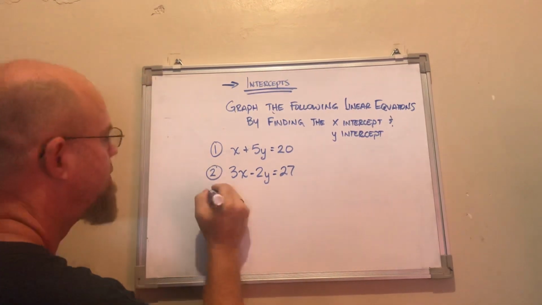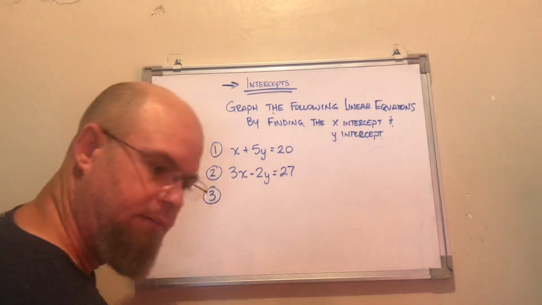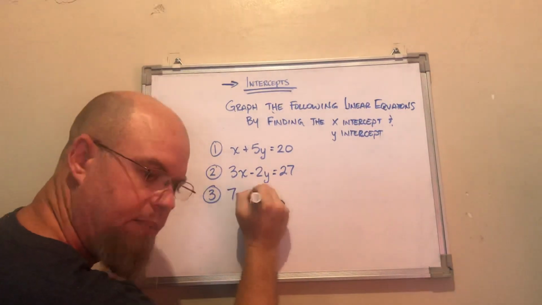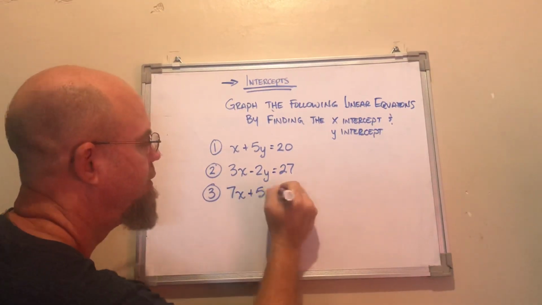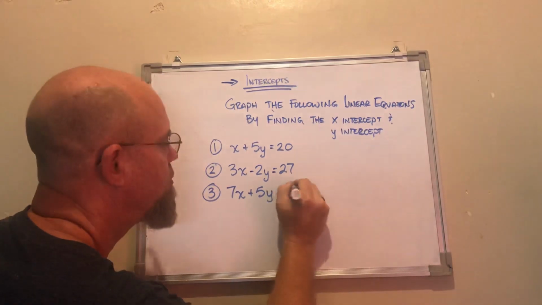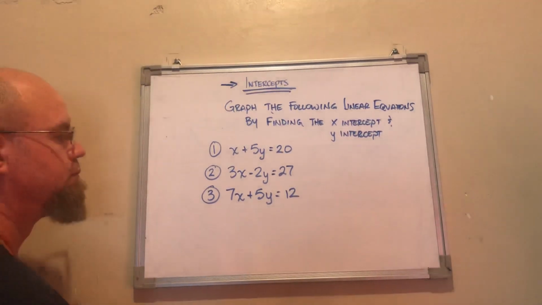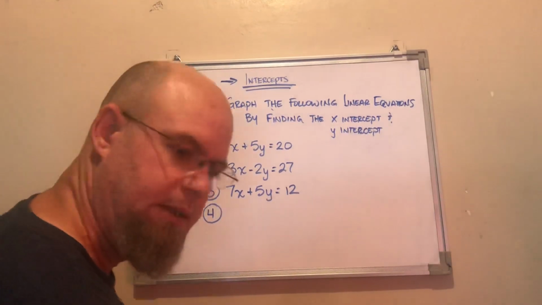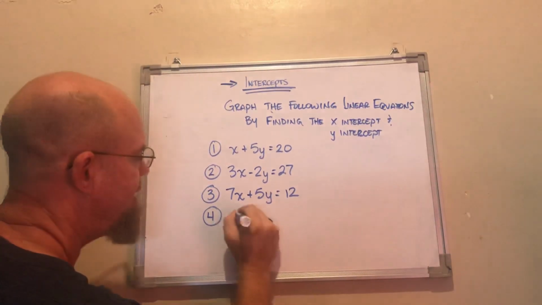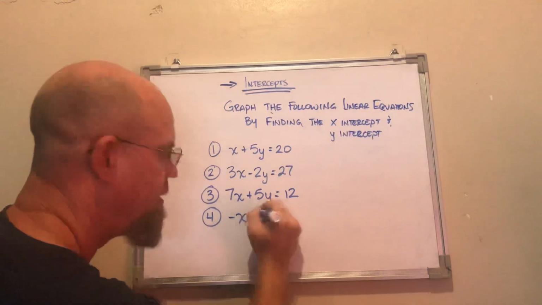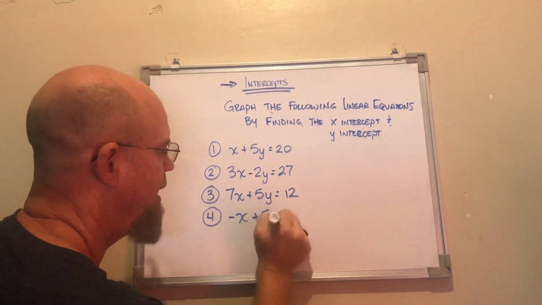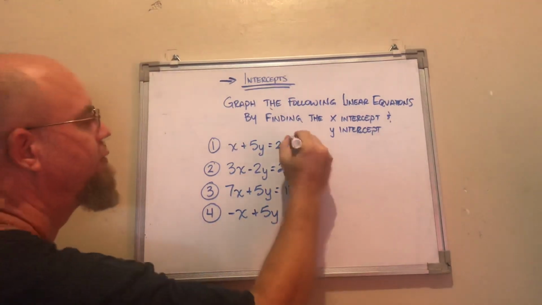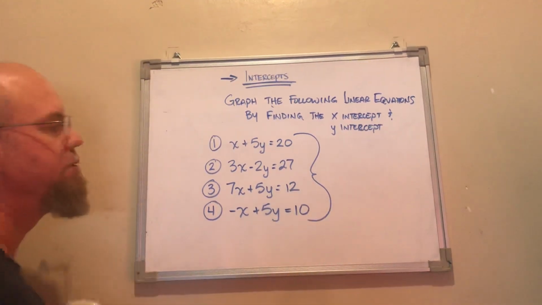The next one is 7x plus 5y equals 12. All right. And then the last one is negative x plus 5y equals 10. So these are the problems that I want you to do.